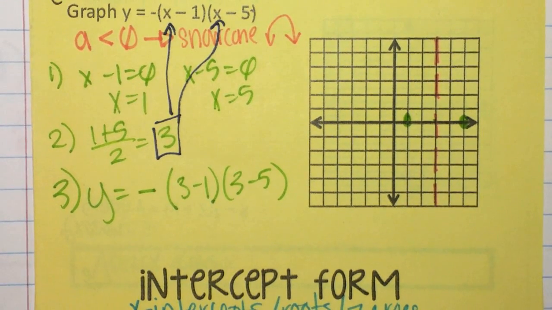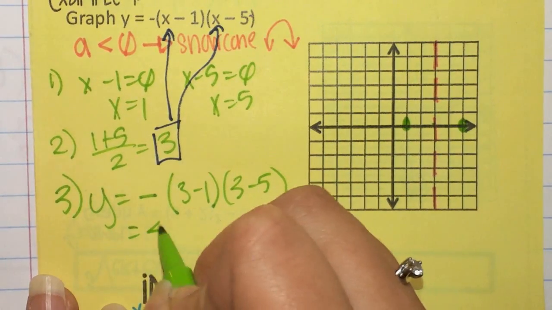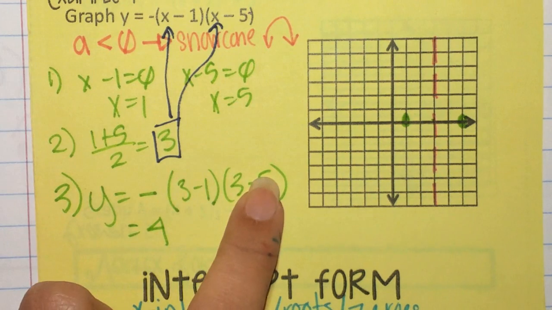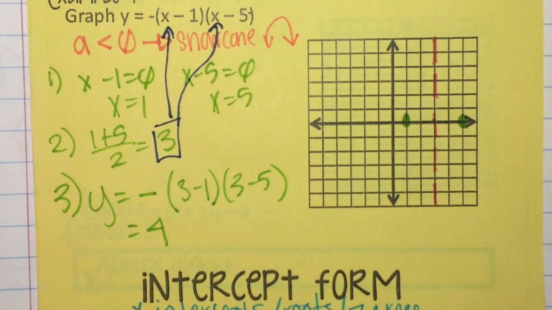Is it going to be negative 2 and 4? Yes, because 3 minus 1 is 2, and 3 minus 5 is negative 2. 2 times negative 2 is negative 4, times negative 1 is positive 4.